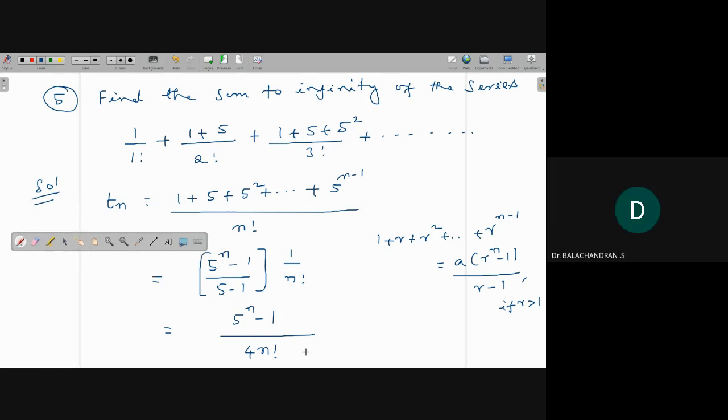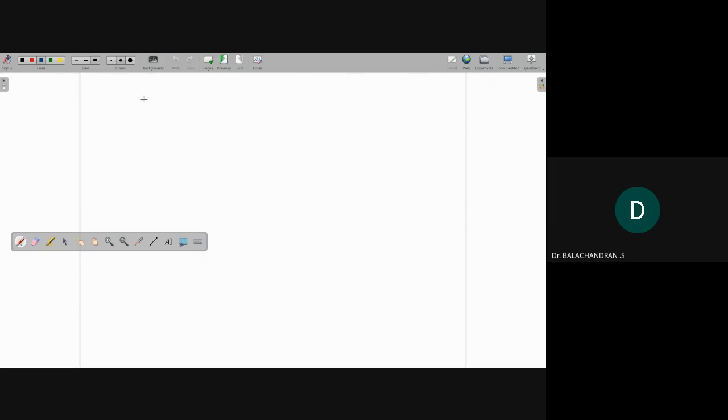So now I am going to split the function. If I split the function, you will get what?